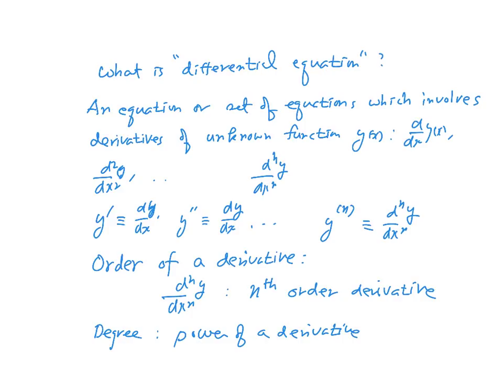For example, (dy/dx) squared is called a first order, second degree derivative.